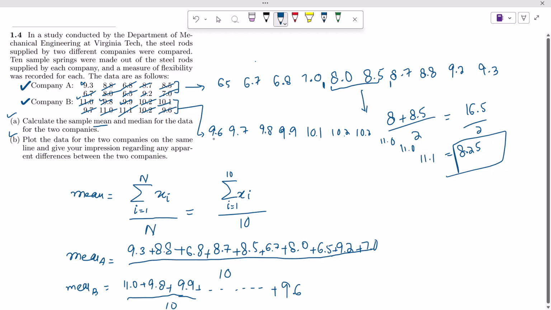So here we have 1, 2, 3, 4, 5, 6, 7, 8, 9, 10 data points.